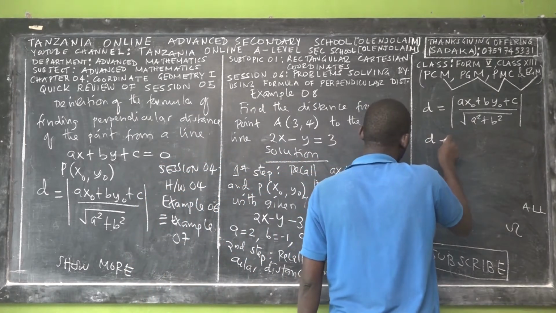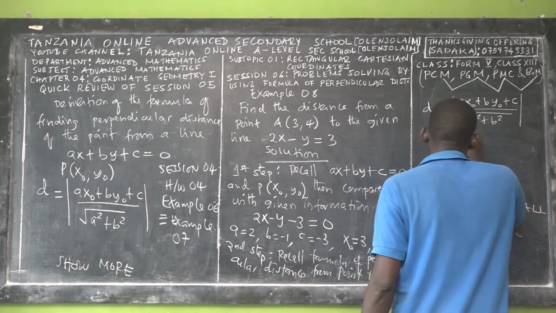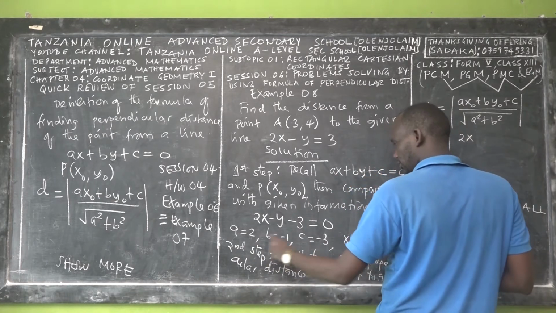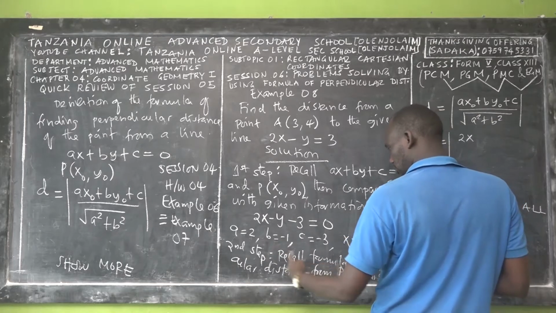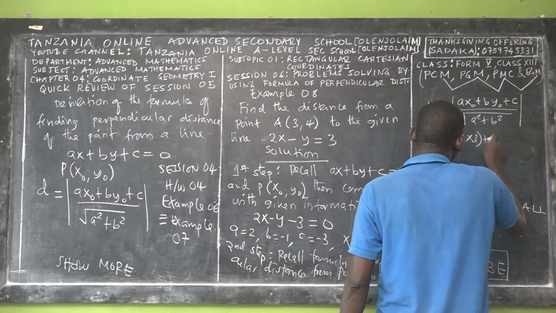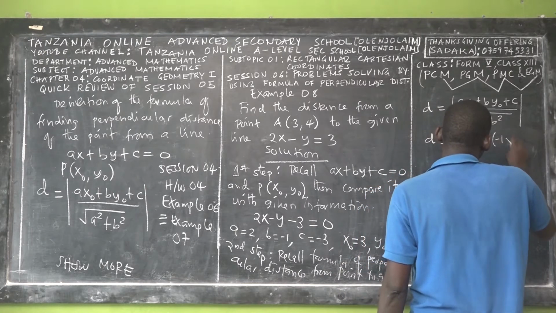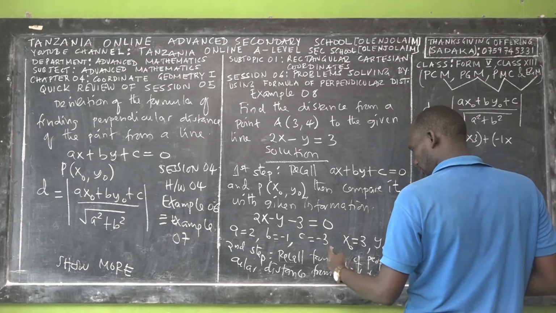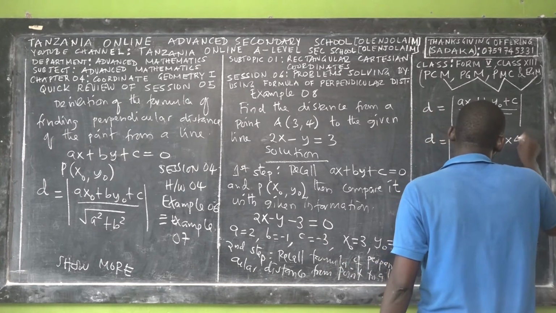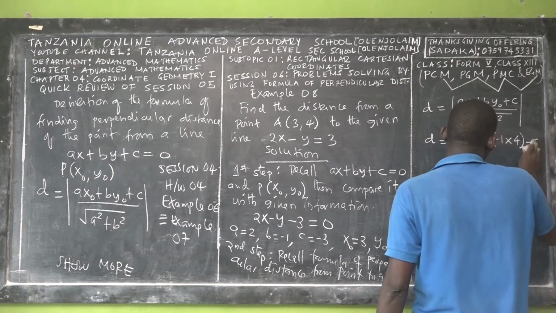So the perpendicular distance is equal to, what is the value of a? It is 2. What is the value of x naught? It is 3. What is the value of b? It is -1. What is the value of y naught? It is 4. What is the value of c? It is -3.